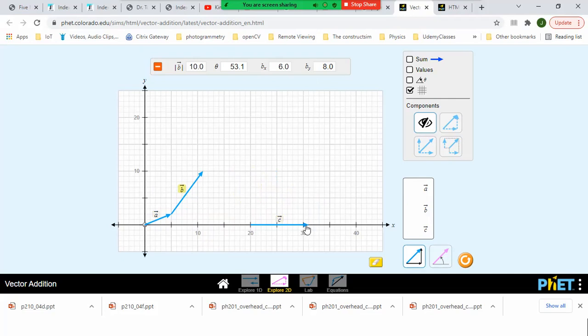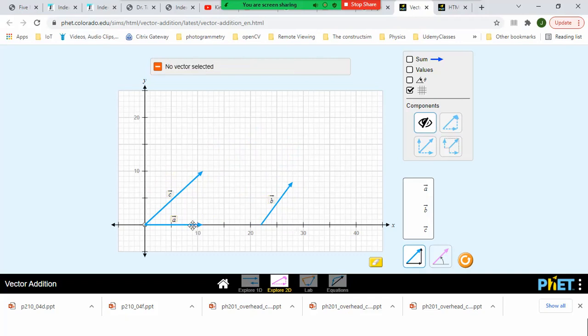So that's 10. Let's keep this at 11 and make that 10. So this vector should be the sum of these two vectors. Let's test that. Here, and they meet up. Perfect.